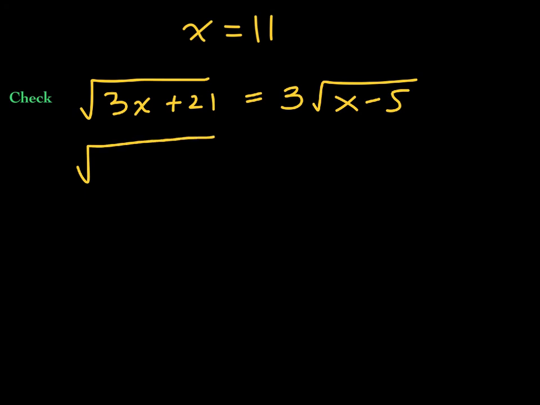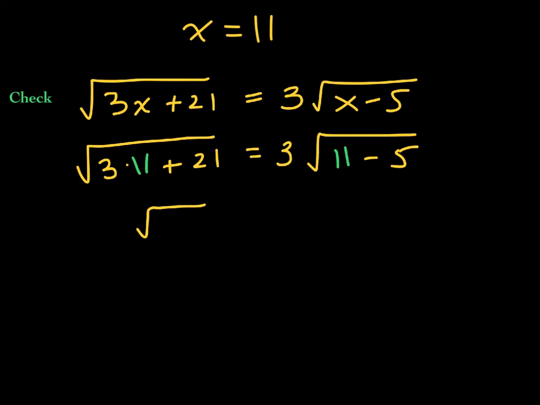So then this is the square root of 3 times 11 plus 21, which is supposedly equal to 3 times the square root of 11 minus 5. All right, let's verify. 3 times 11 is 33, plus 21 is 54. Okay, is supposedly equal to 3 times the square root of 6.